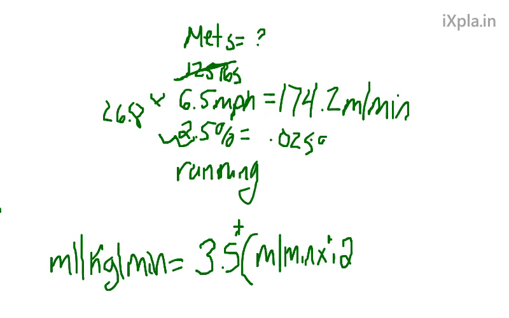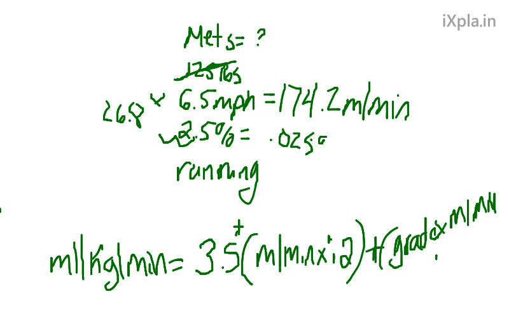And then you add this to the grade, or the elevation, times meters per minute multiplied by 0.9. Or I think that's the walking equation. Let me check. I think I wrote it wrong. No, that's the right equation. This is the equation for running.